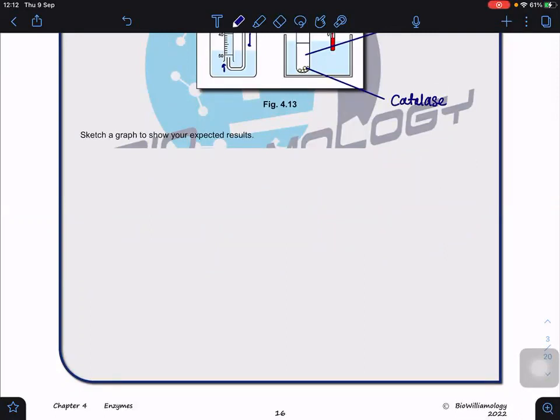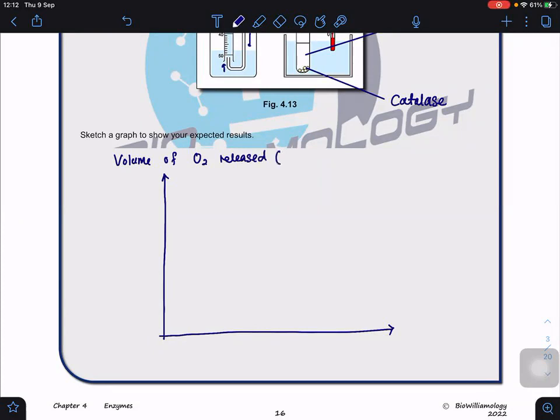Okay, so what do you plot in this case? You sketch a graph. This graph is termed products, or volume of O2 released, in cm3, and then this one will be time, correct?